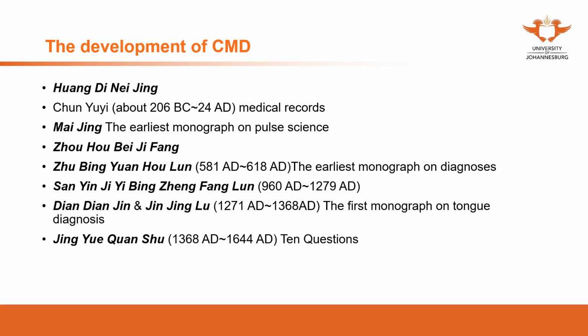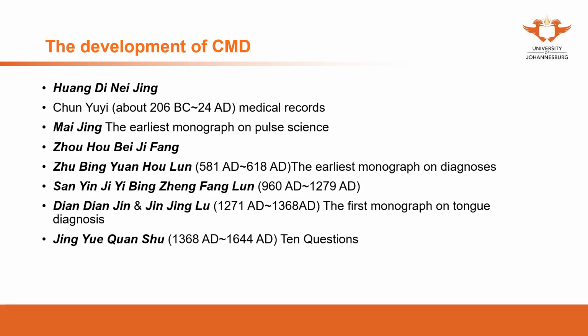That's where the first medical records were kept. The medical records at that time included the name, the physical checks, the symptoms, and prescriptions. So our medical records were from Dr. Chun Yuyi.